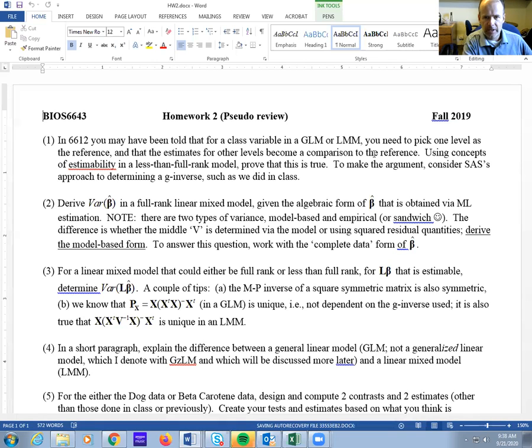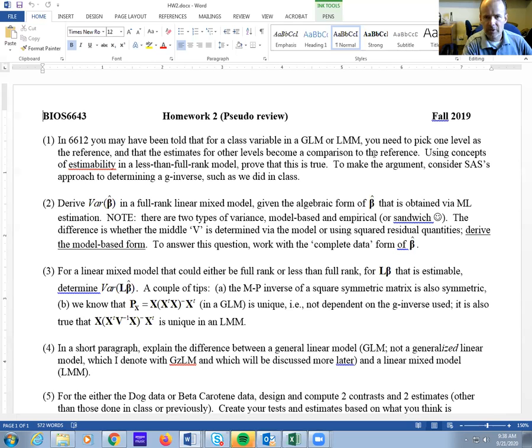Okay, so you're kind of in the 6612 approach. What you're doing is intuitive. It makes sense. You have a reference level, you get estimates, and then you're told that what you get for another level is just a comparison to the reference. How do you know that until you walk through the bigger picture of understanding if we had a less than full rank model and then showing what we can estimate?